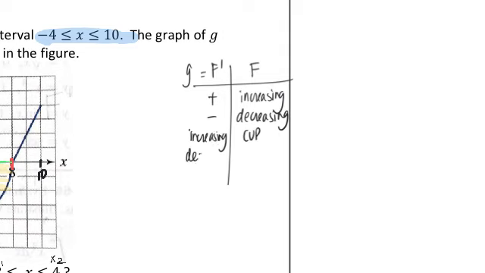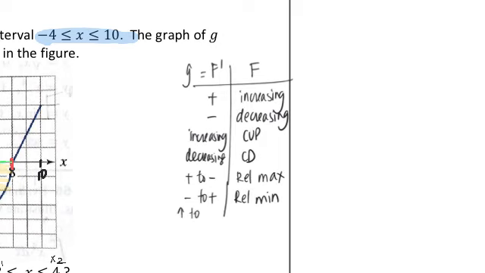If F prime is decreasing, then F is concave down. If F prime changes from a positive to a negative, F has a relative max. If F prime changes from a negative to a positive, F has a relative min. If F prime changes from increasing to decreasing or decreasing to increasing, then F has a point of inflection, right?